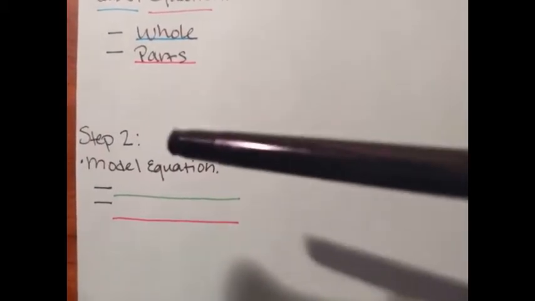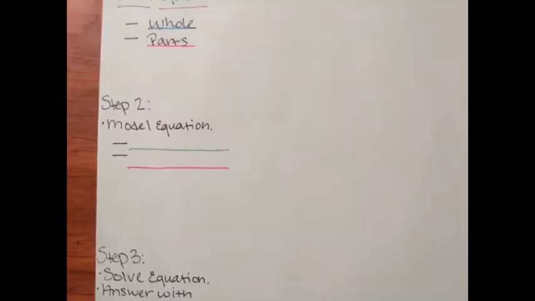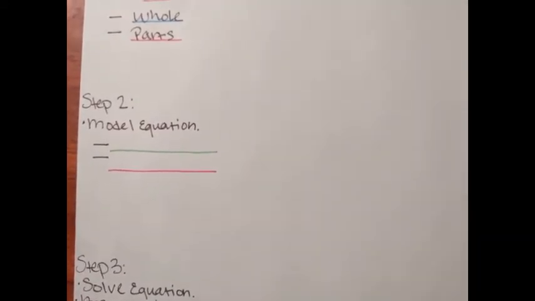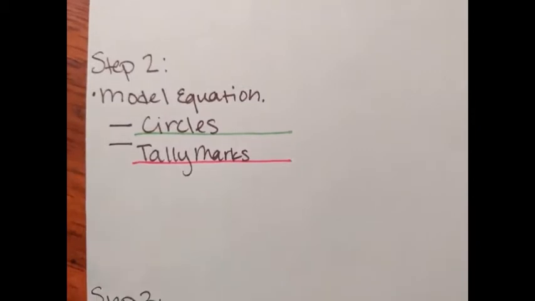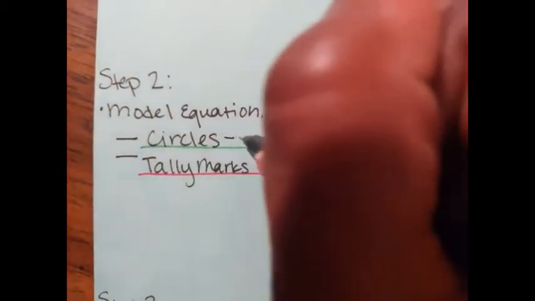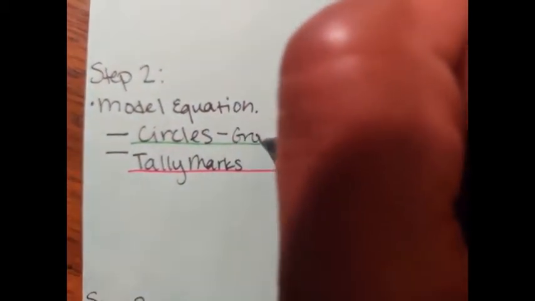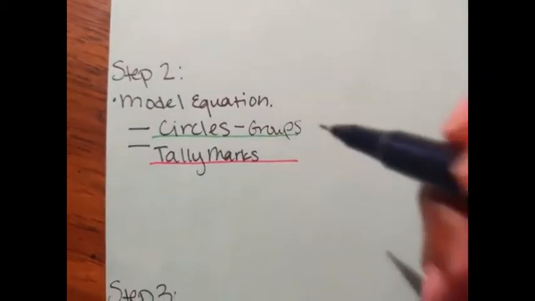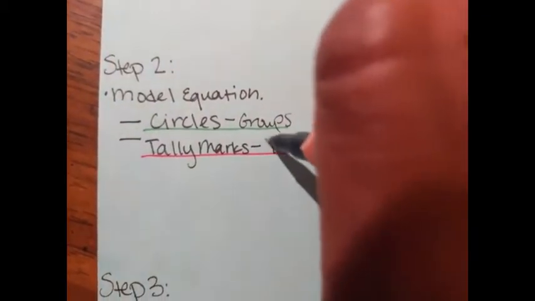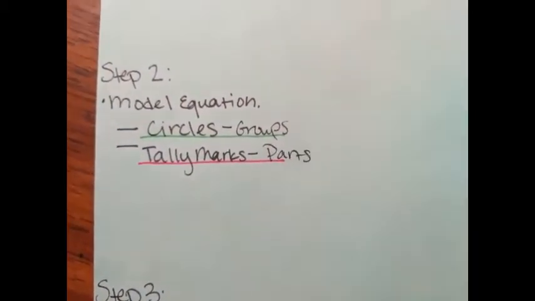Which is model the equation. When we are modeling the equation for repeated addition, we are going to be using circles and tally marks. Our circles will be used for our groups, and our tally marks will be used for our parts.